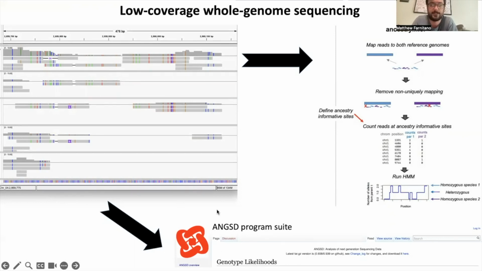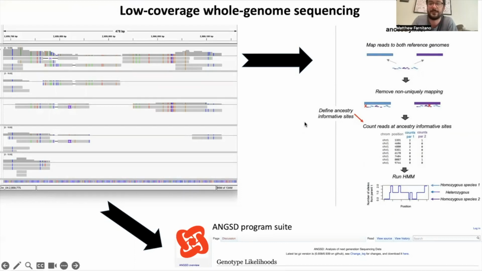But we can use bioinformatic approaches to account for that missing data. So one approach is to use this ANGSD suite of programs that uses genotype likelihoods rather than hard SNP calls, and then combines those likelihoods across many sites to get population level information.